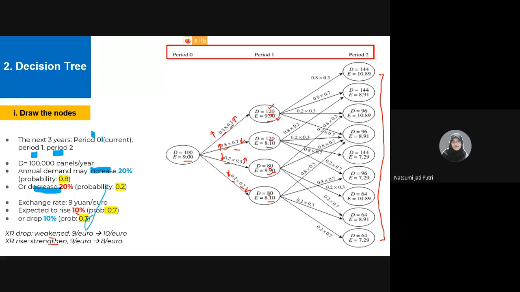Aku kira starting point-nya di 0, terus masih 3 tahun lagi yang nyampe periode 3, enggak gitu ya? Enggak. Jadi periode 0 tuh udah kehitung 1 tahun. Oke. Takut nanti bikin 4 node kan nggak lucu. Ya itu nanti panjang banget berarti. Oke.